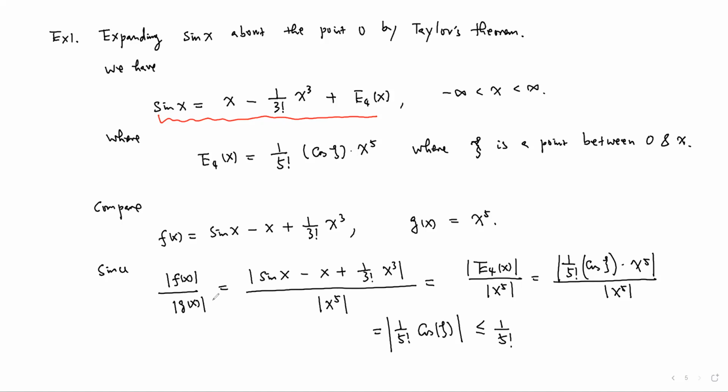Right. Because the absolute value of f over the absolute value of g is bounded by 1/5 factorial, we can make the following statements.